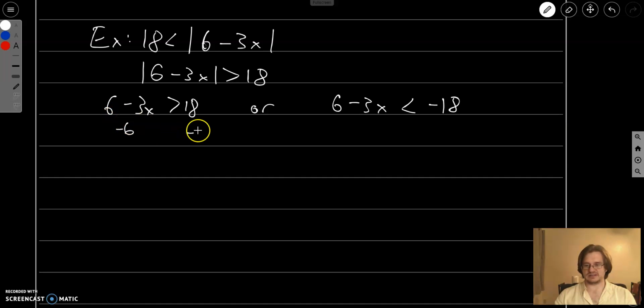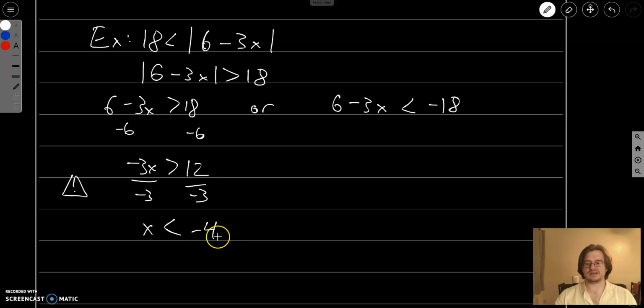Let's subtract 6 from both sides to get negative 3x is going to be greater than 18 minus 6, which is 12. And I'll divide both sides by negative 3. Oh, dividing by a negative number, flip the inequality. So the negative 3 cancel. 12 divided by negative 3 is negative 4.